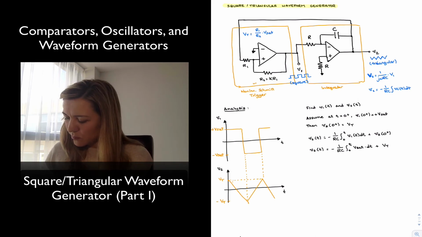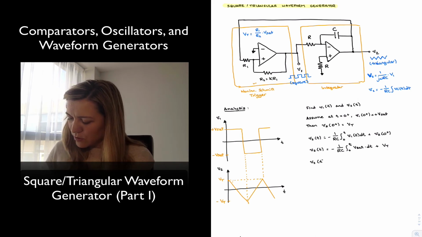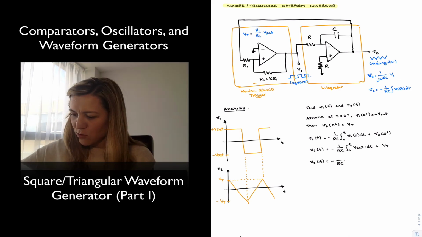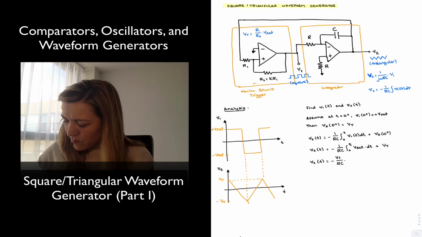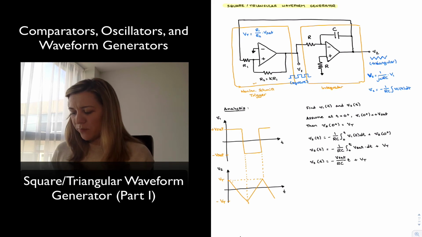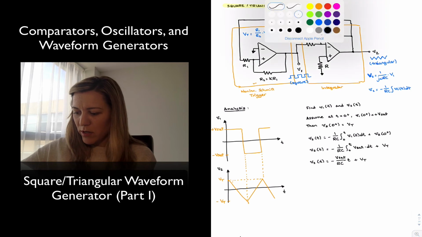So I will end up with V2 of t being equal to negative 1 over RC times Vsat times t, so I'll write Vsat on my numerator there, plus Vt.